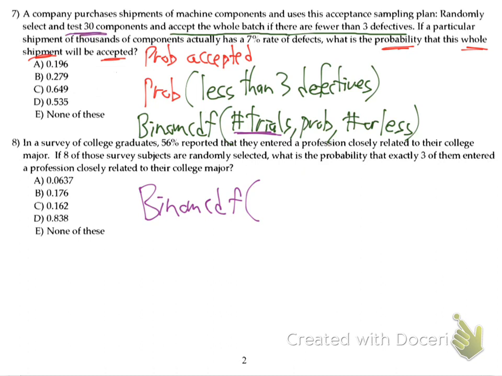Yeah, we're testing 30 components. Good job, exactly. That's the number of times you're trying, trials. So we're testing out 30 components, 30 trials. What's the probability each time? 7% are bad. So 0.07 is the chance each time that you get a defective, huh? Because 7% of the whole batch is bad. So every time you grab one, there's a 7% chance you got a bad one.